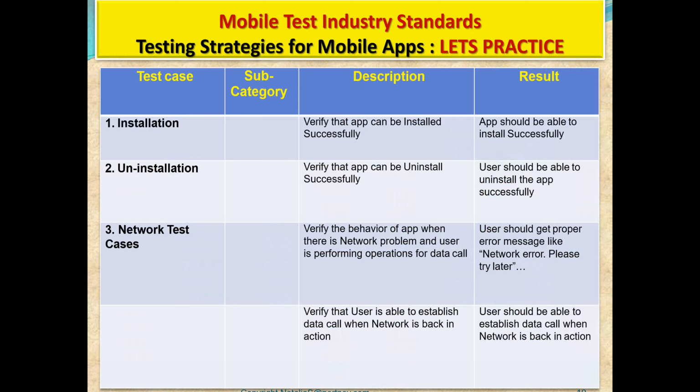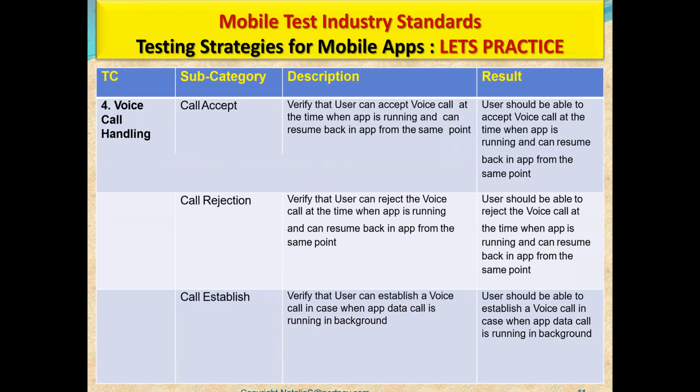And then you have to verify that the user is able to establish a data call when the network is back. We call it a data call, it can be anything. Whatever operation you are trying to perform, this is a data call. You send the request, you get the response. This is the data call, okay?